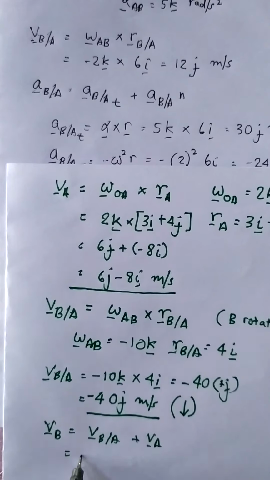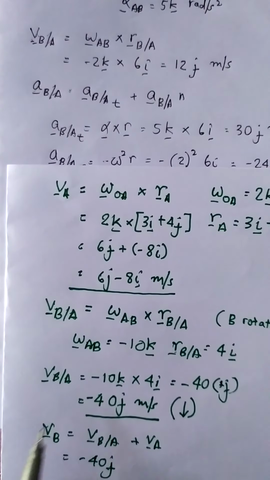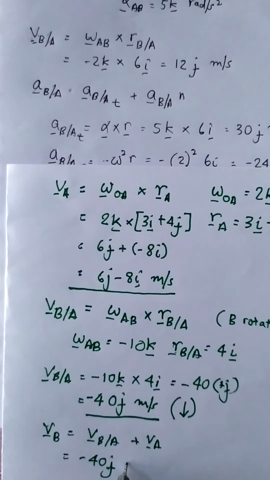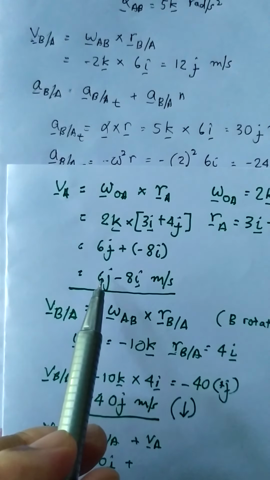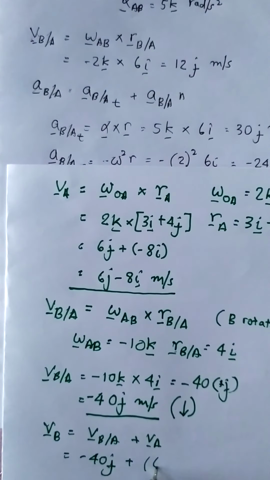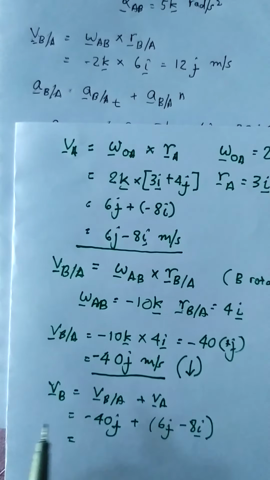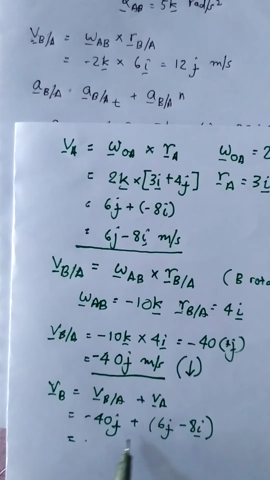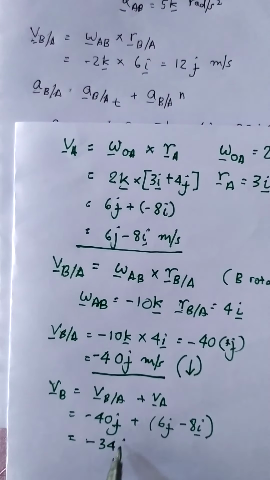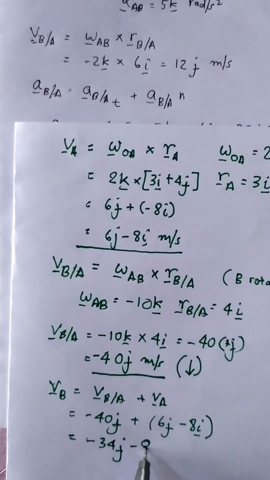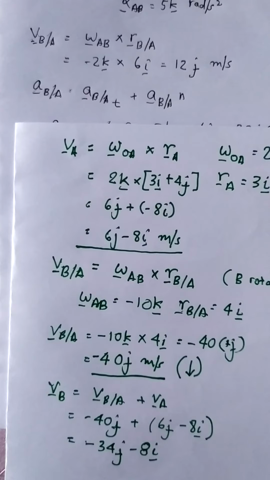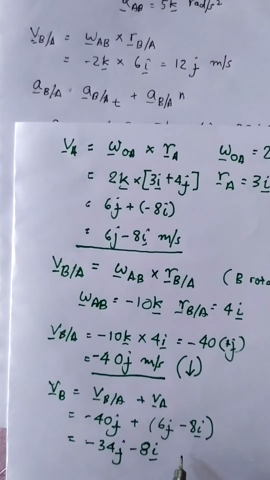VB relative to A is minus 40j, and VA is given as 6j minus 8i. So the answer would be minus 40 plus 6, so minus 34j minus 8i, and the unit is meter per second.